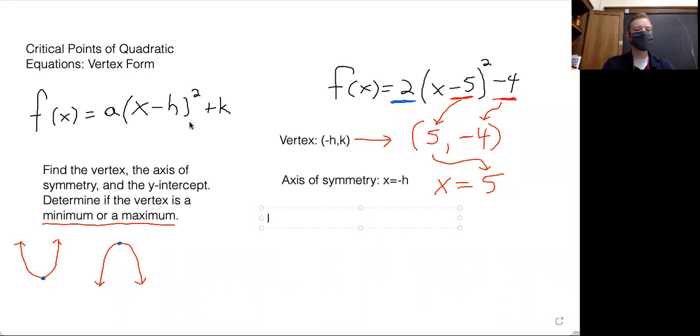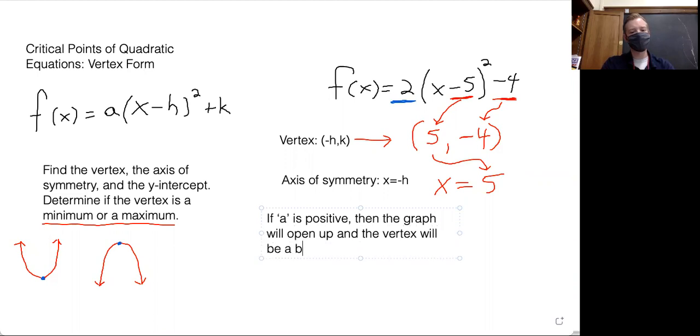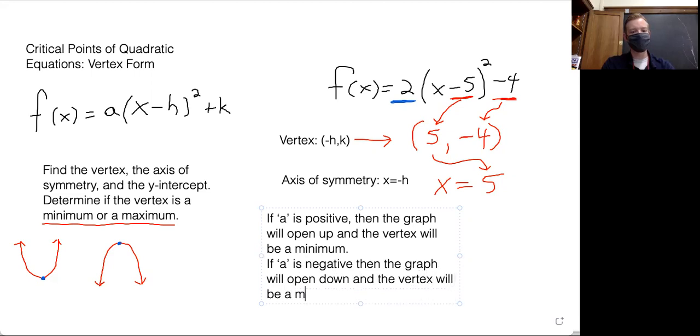And we called that number A over here. So if A is positive, then the graph will open up and the vertex will be a minimum. If A is negative, then the graph will open down and the vertex will be a maximum.